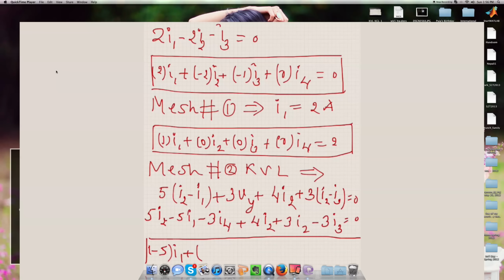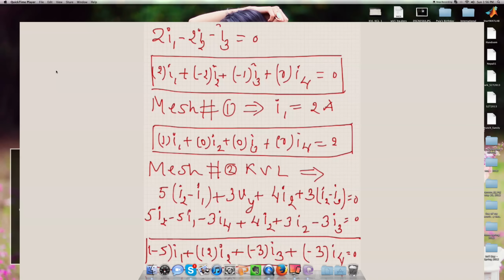So we have plus 12I2. Then for I3, we have minus 3I3, so we put plus here and then minus 3I3. Now it's the turn of I4. We have simply minus 3I4, so let's put in the plus, excuse me, 3I4 here, equals 0. So this is going to the box.